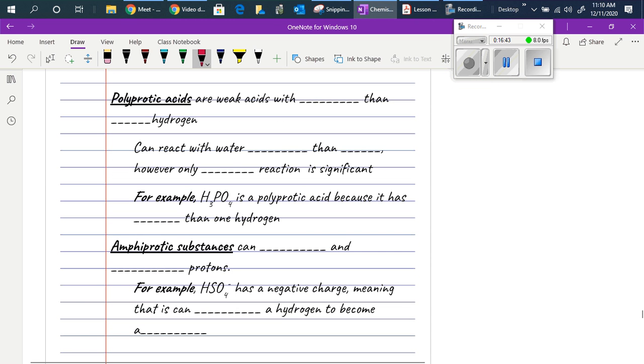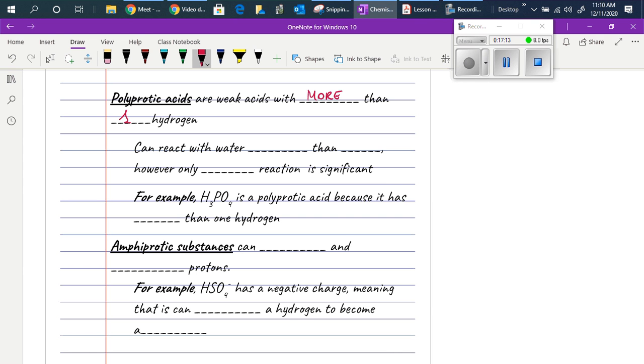However, when we have polyprotic acids, then we have more than one hydrogen that is available to be donated. Okay. Now, in this case, more than one hydrogen can be reacted.